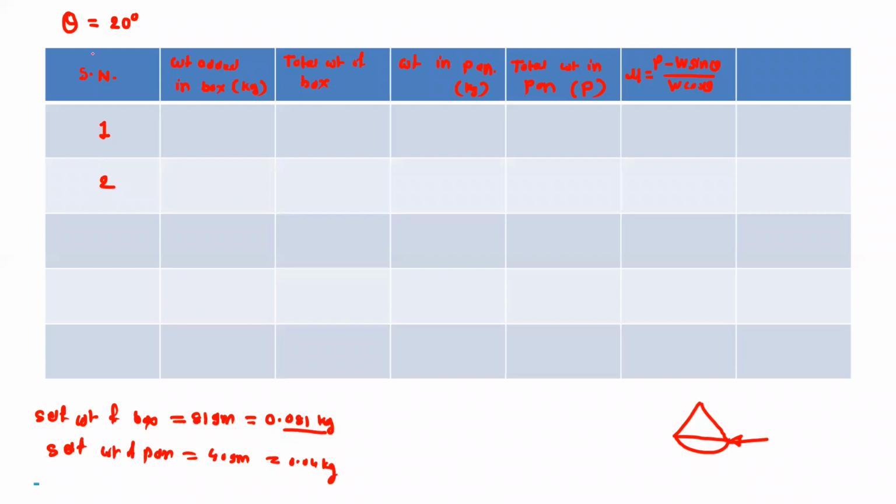This experiment was initially conducted for the contact surfaces wood and acrylic. After that, we changed the surface to glass and paper. For the second reading with glass and paper, the angle was the same, 20 degree.